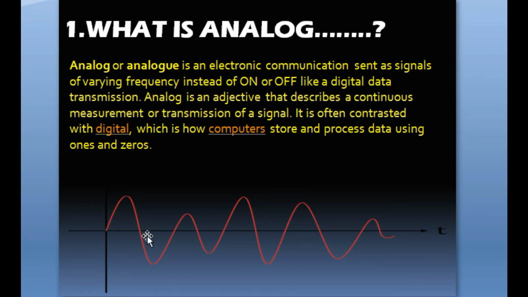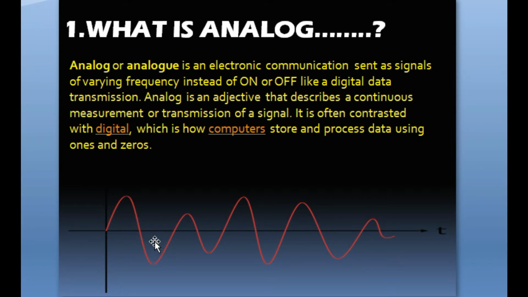It is often contrasted with digital, which is how computers store and process data using 1s or 0s. This is the zero level, the zero axis, and this is increasing with time to the maximum, 90 degrees. Then the negative sequence is decreasing, a negative wave.